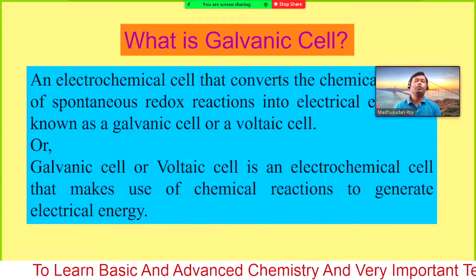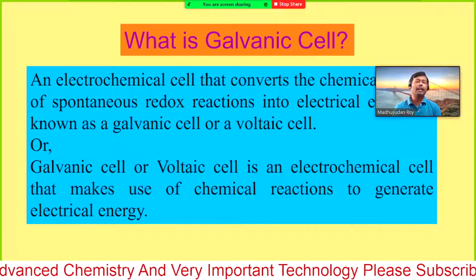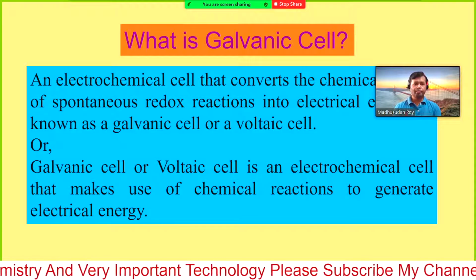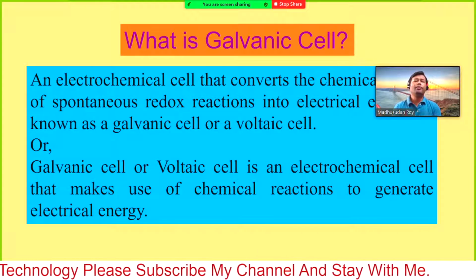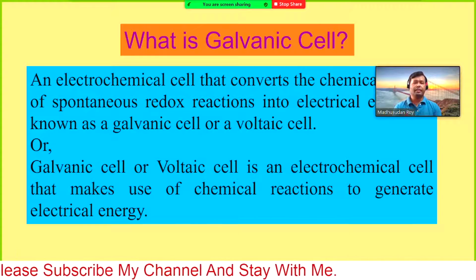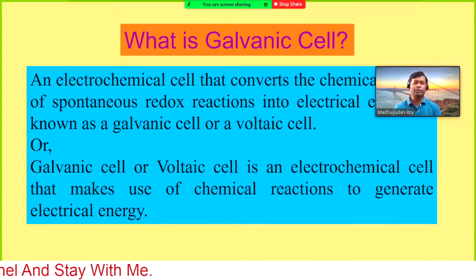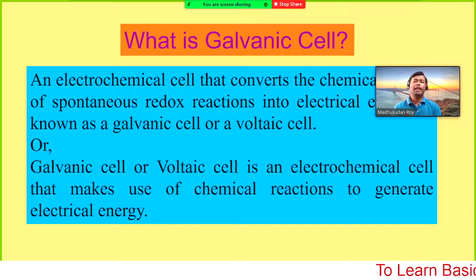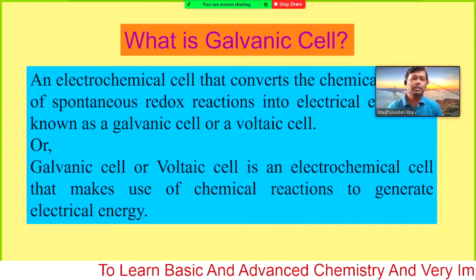But getting oxygen and hydrogen from water is not possible that way. In that case, you need to perform an electrolytic process, that means you need to pass some electricity through it. So a galvanic cell is the process where the reaction happens automatically, spontaneously, and produces some energy.